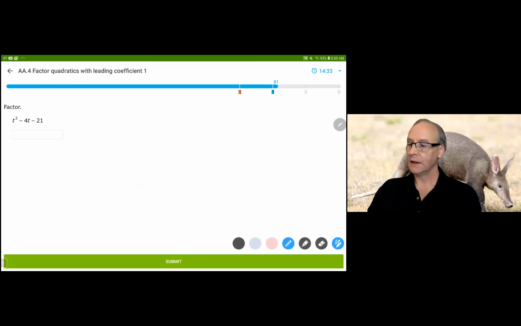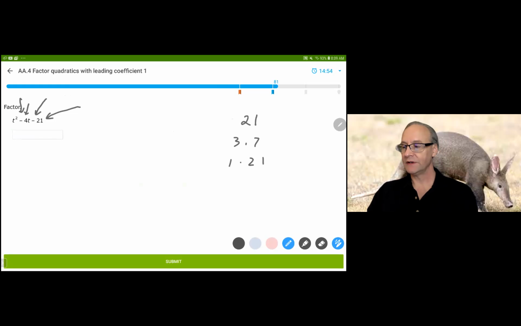21, well, we have a product of 21, a difference of 4, and the sign of the larger is negative. Lots of information there. Just read it backwards. A product of 21, 3 times 7, or 1 times 21. But we have a difference of 4.